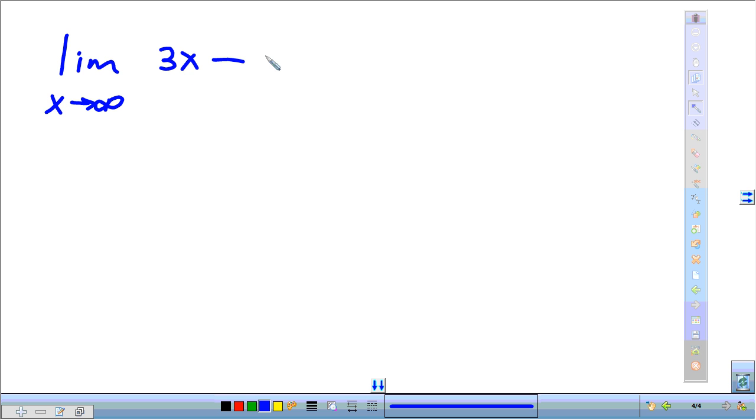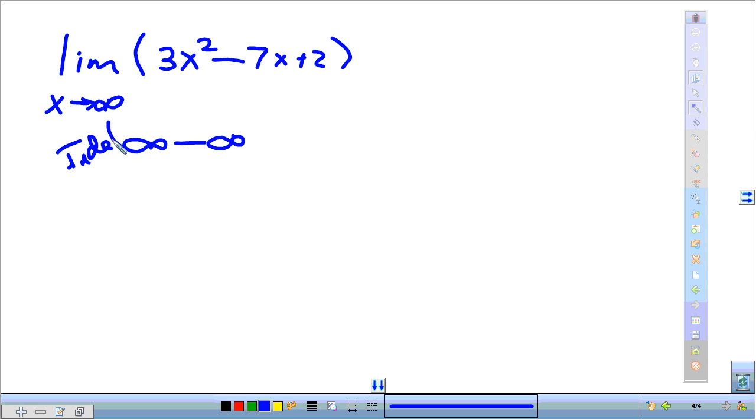So that means there are certain things we could work out that might not have worked out so well from my arithmetic on infinities, because if I did that in this case, evaluation would have given 3x squared as an infinity, minus 7 large is minus large, and so we would have come to this indeterminate form.